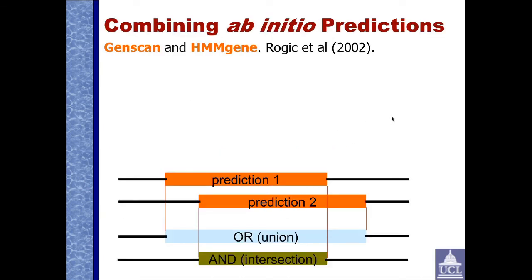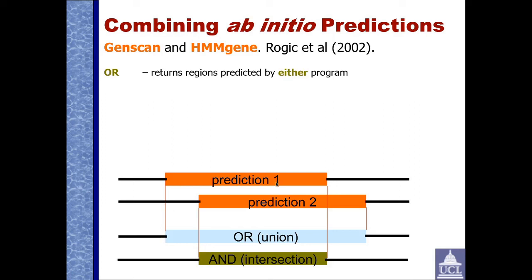Now, we can combine ab initio predictions in different ways. This is taking an example that was done in 2002 using Genscan and HMM-Gene. We can take the predictions and we can OR them together. In other words, we return regions as being an exon if either of the programs predicts it as an exon.